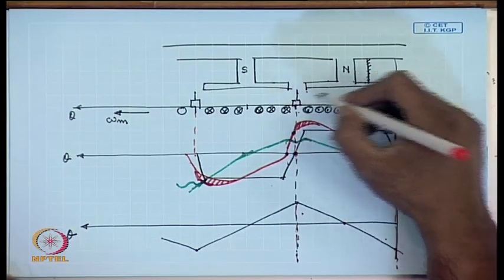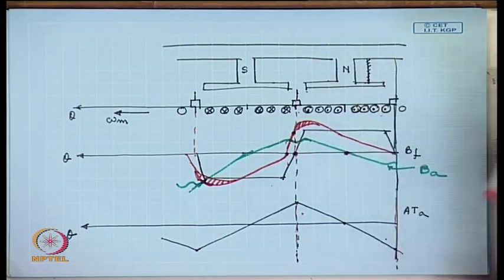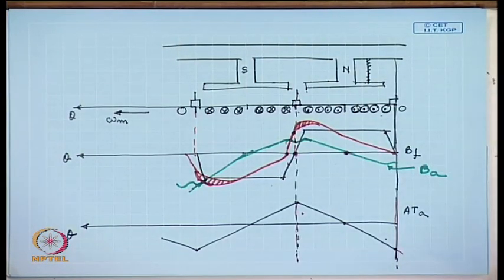Hence, during commutation, when we have seen that the coils are shorted, the induced voltage will not be 0 and there will be circulating current and associated problems. This is one disadvantage of armature reaction.